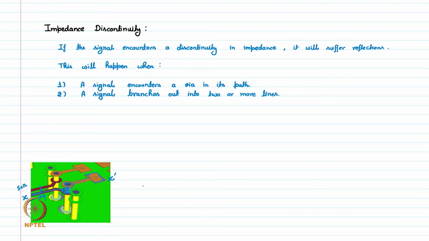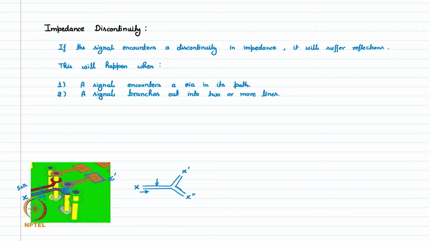So in this case, for example, we have this trace, we are sending the signal into this from point X. After a certain distance, this is branching into two. So this trace splits into two traces. One goes to X dash, one goes to X double dash.